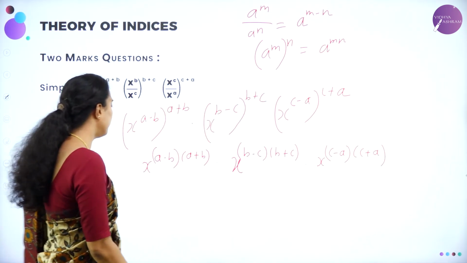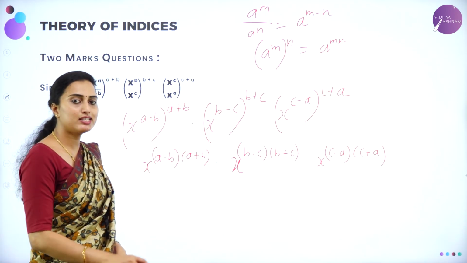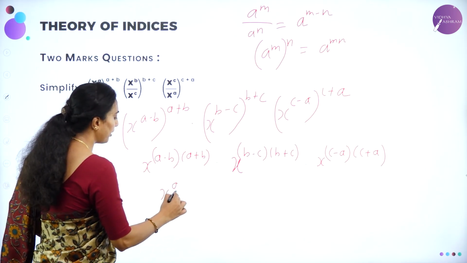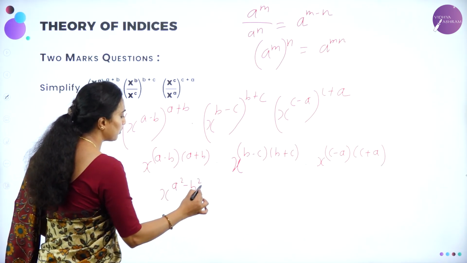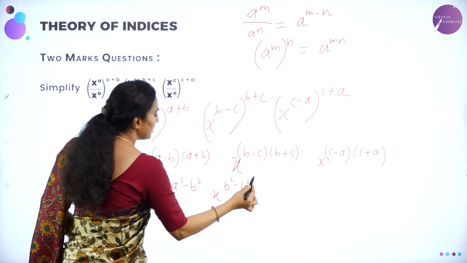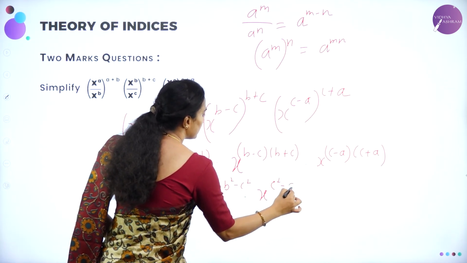So what will this become? x to the power of a minus b into a plus b is a squared minus b squared. So therefore I can write it as x to the power of a squared minus b squared, into x to the power of b squared minus c squared, into x to the power of c squared minus a squared.